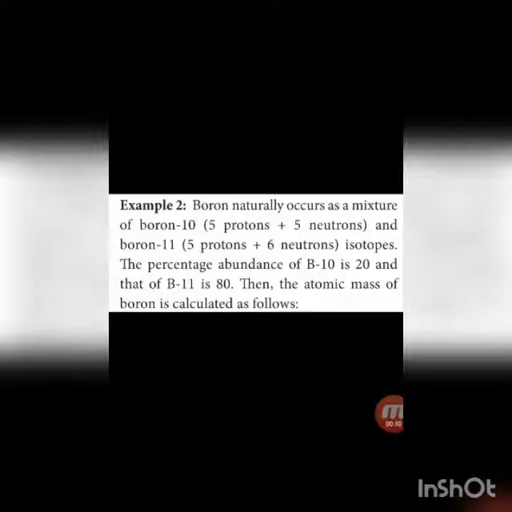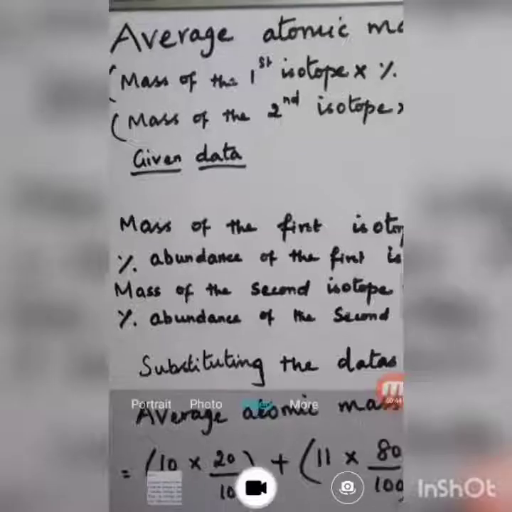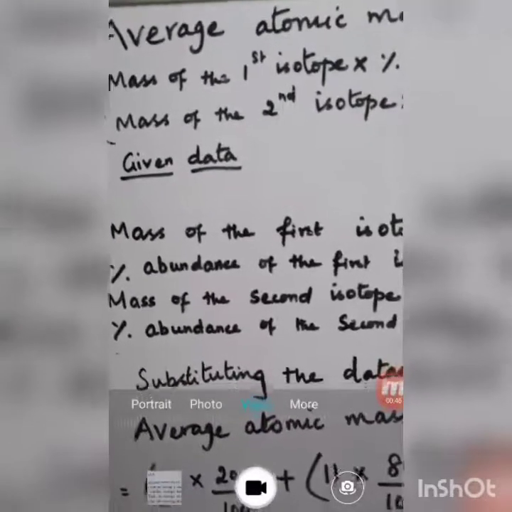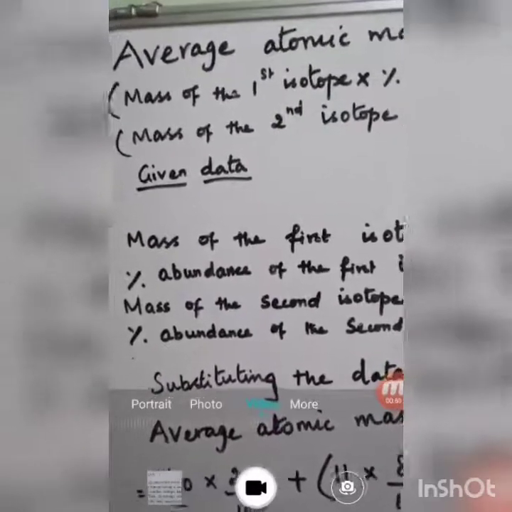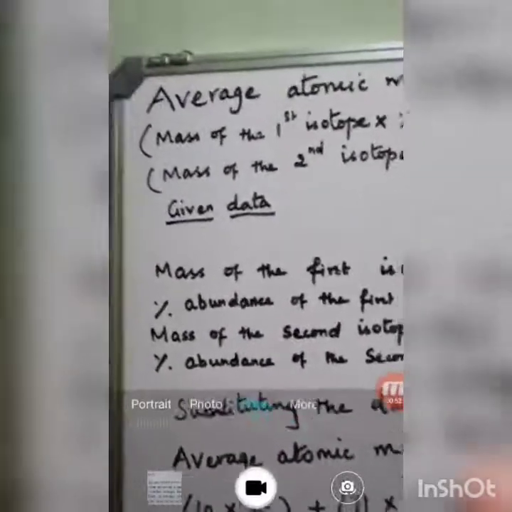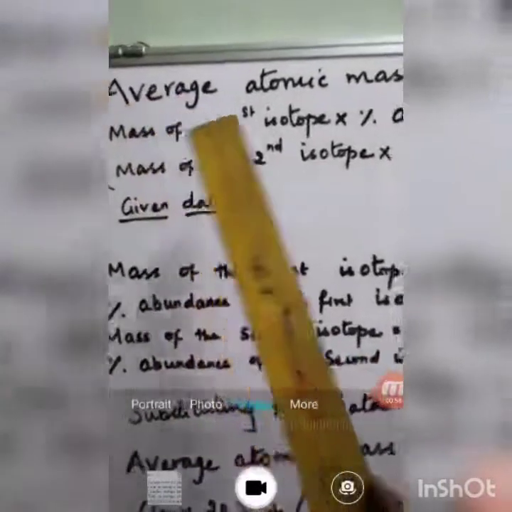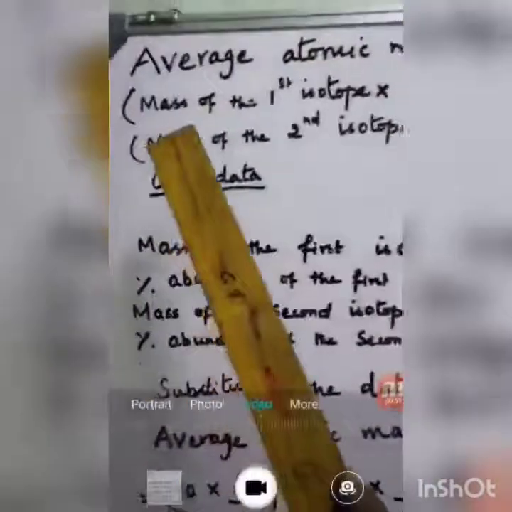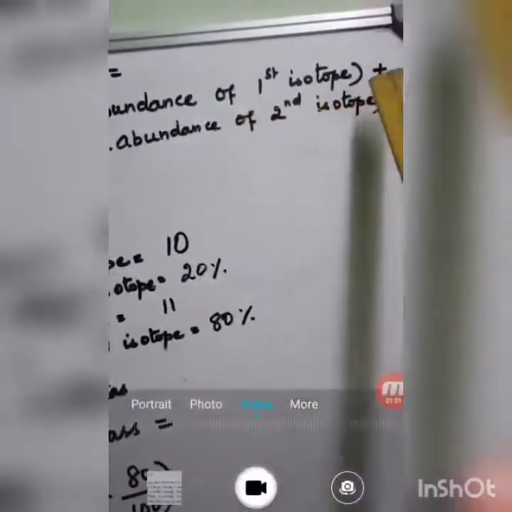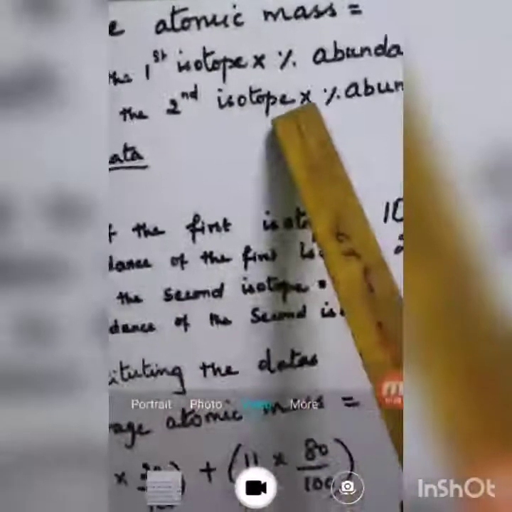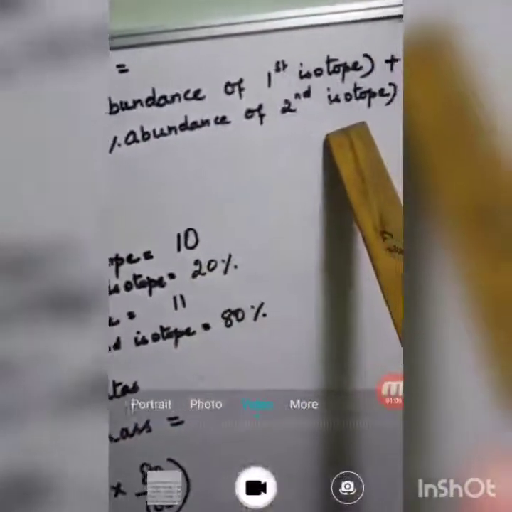Now let's see how to do this. This is a very easy problem, of the similar type. Since two isotopes were given, I have written the formula: average atomic mass is equal to mass of the first isotope into percentage abundance of the first isotope plus mass of the second isotope into percentage abundance of the second isotope.